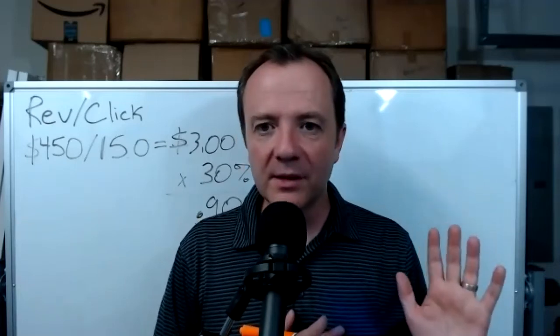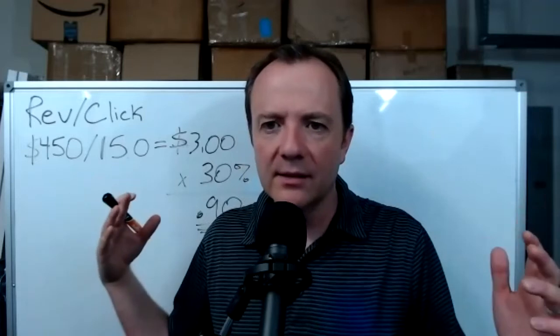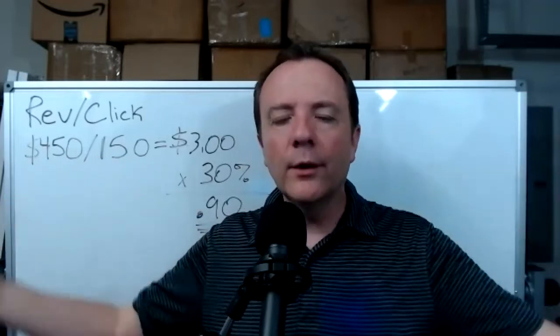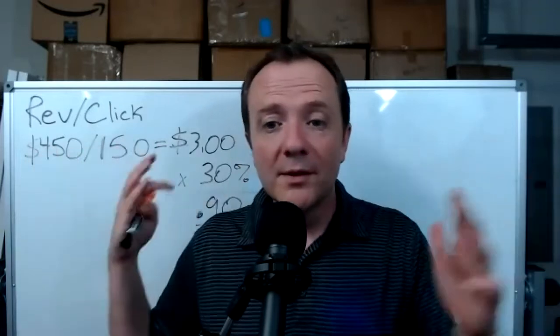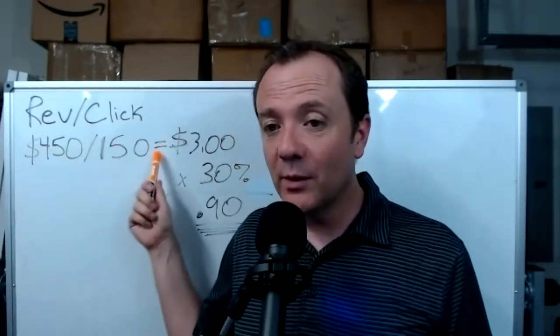Rather than, and I've been guilty of this myself, saying I think I'm going to go with 62 cents or whatever the case is, or I'm going to go more aggressive and bid $2. Sometimes we go with our feelings and our gut more than we go with data and math. So this is one way to look at that.